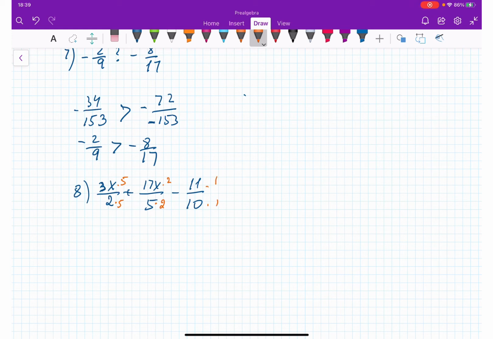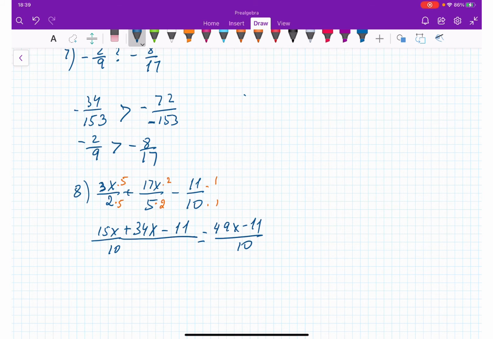And the result is 15x over 10. Since 10 is everywhere, I'll just write down 15x plus 34x minus 11. And the answer will be 49x minus 11 over 10.